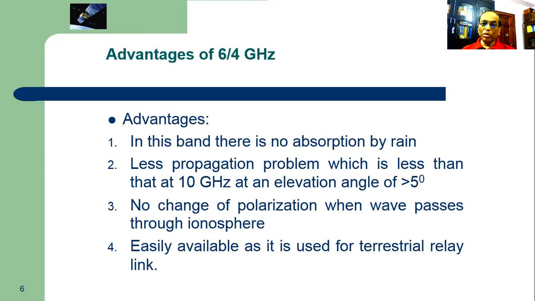There is less propagation problem, which is less than that at 10 gigahertz at an elevation angle of 5 degrees. This propagation problem is very much related to the residual atmospheric molecules, and there is a severe effect of the ionized particles there.